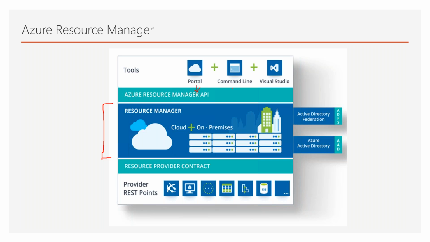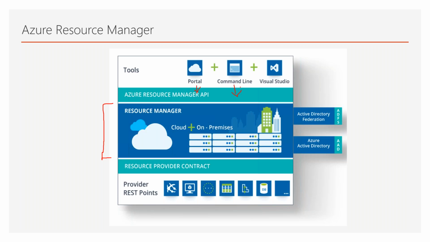Now, let's say you have a command prompt, and you're working with Linux, and from Linux you want to create some Azure resources. What will you do? You will use some kind of bash commands, or if you're working in Windows, you might use PowerShell commands. So you are going to use the command line to again contact this resource manager API.